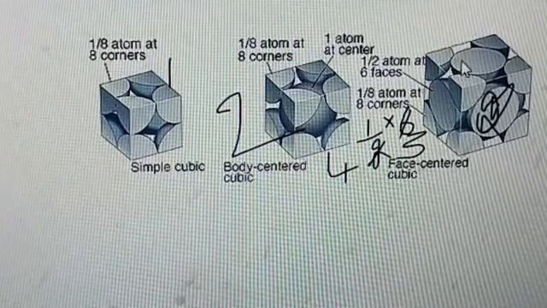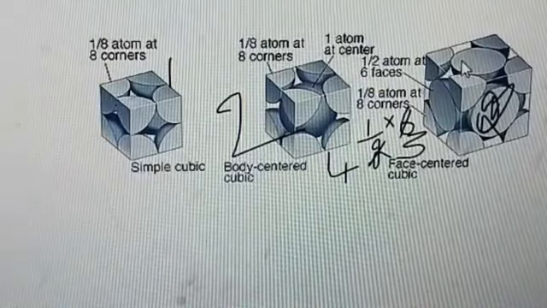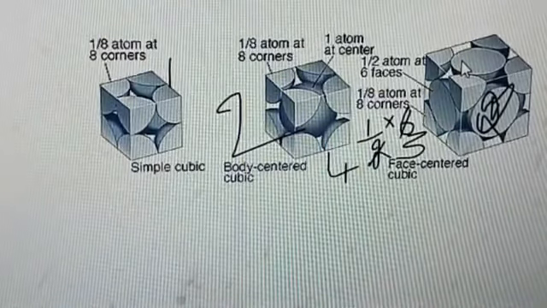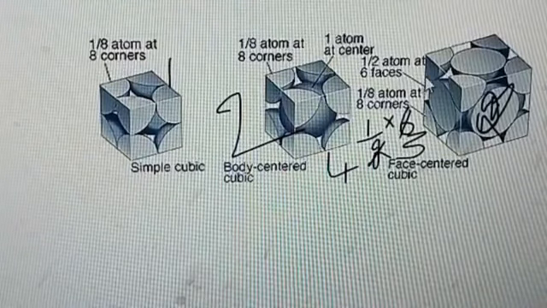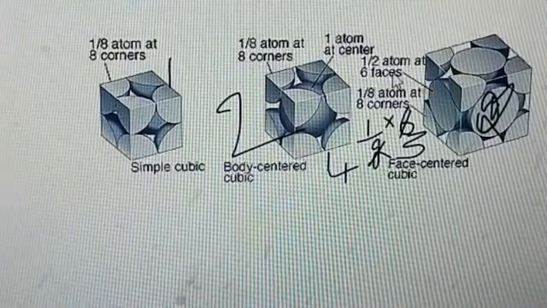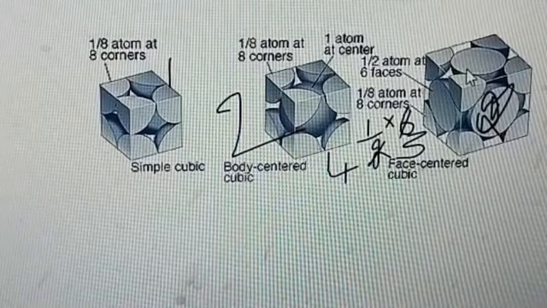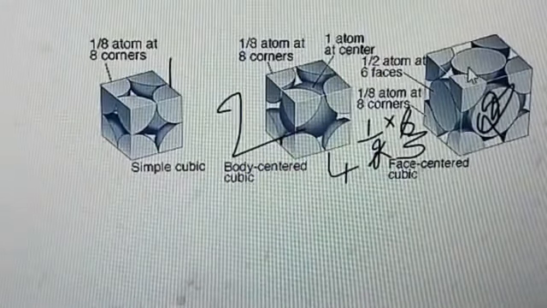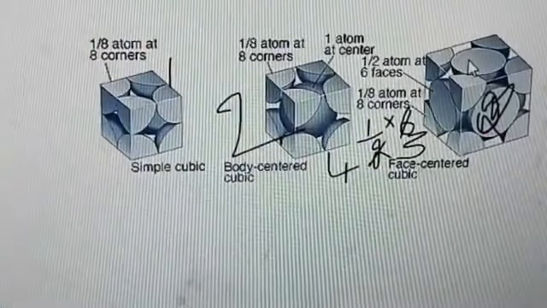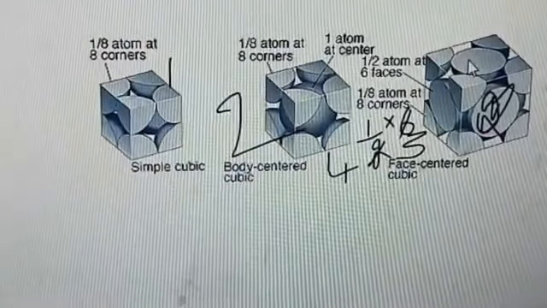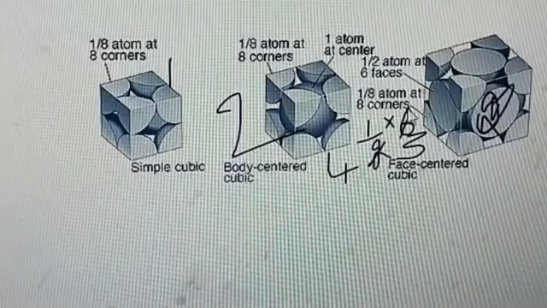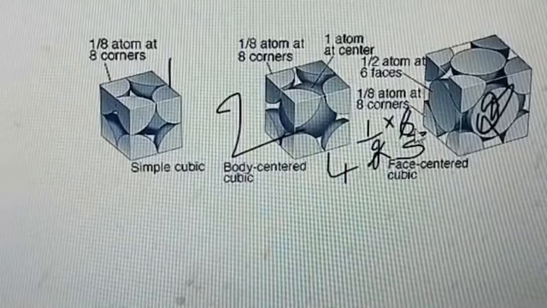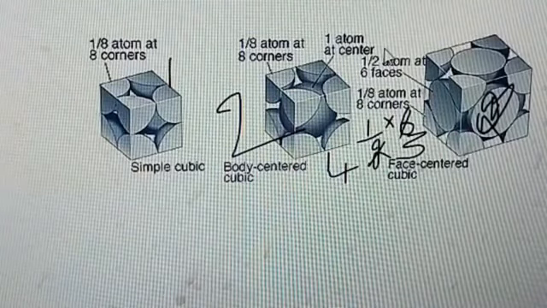Yes or not? 2 adjacent unit cells sharing one atom means only half of the atom belongs to that particular unit cell. 6 faces are there, so half into 6, that is equal to 3.